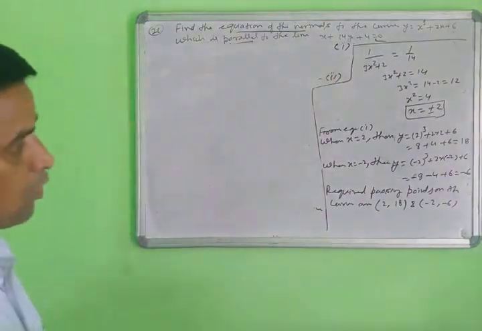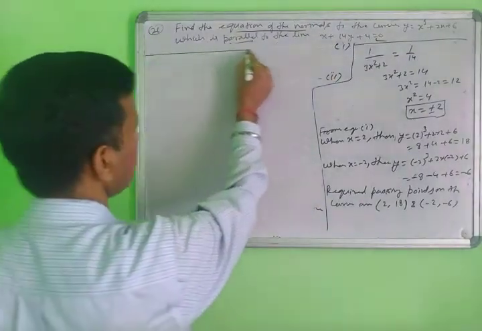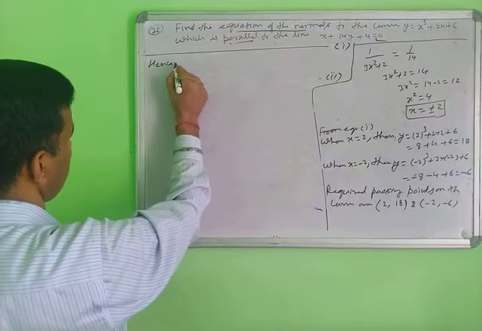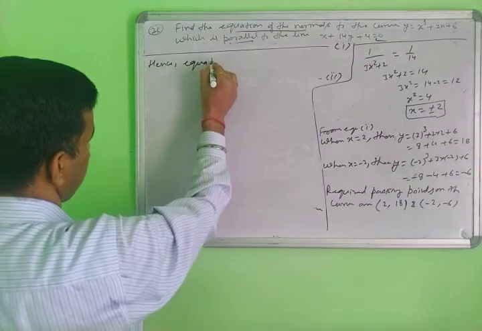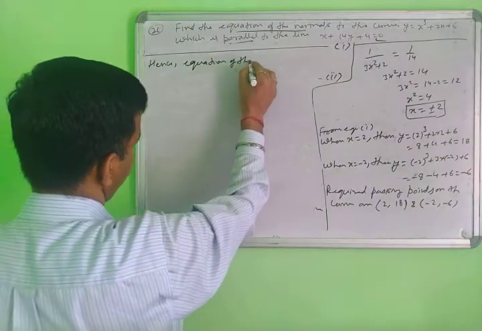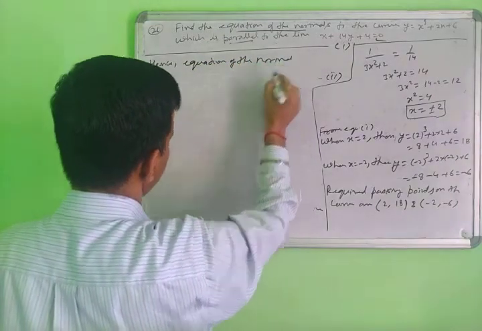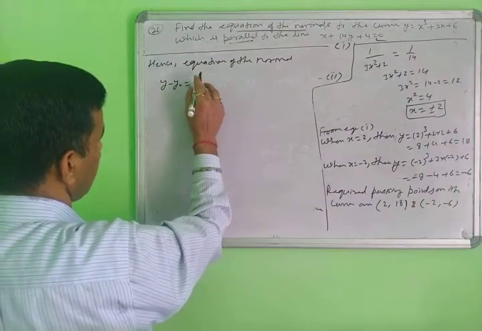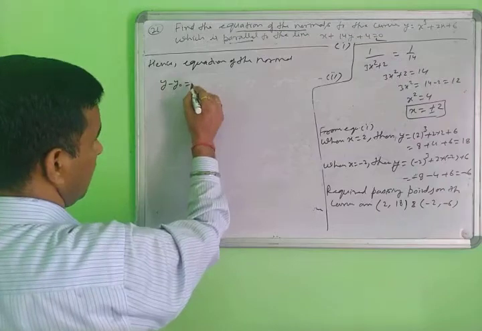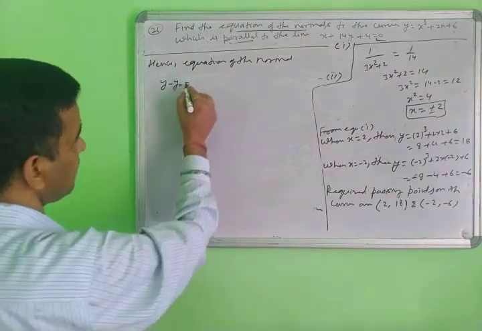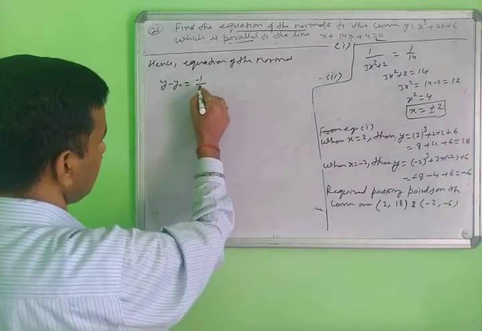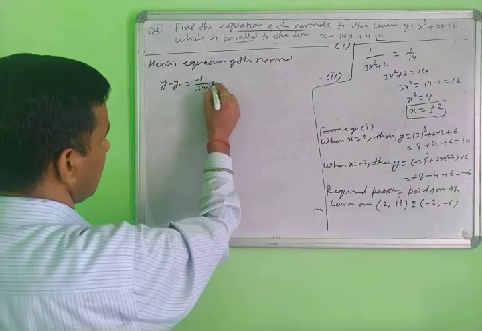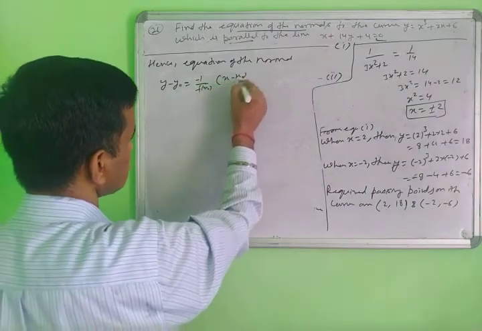Next step here: first we find the required equation of the normal. Hence, the equation of the normal is y minus y naught equals minus 1 upon the slope, where the slope is f dash x naught, times x minus x naught.